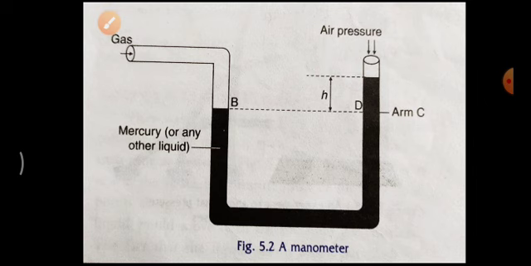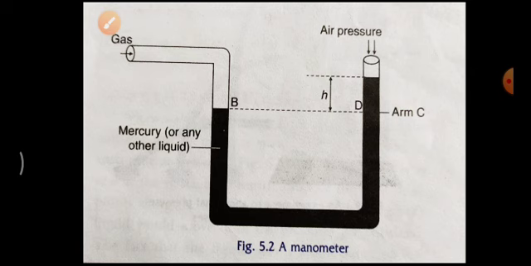In order to measure the pressure of a gas enclosed in a vessel, see here, on the left hand side the U-tube can be connected to the vessel which is filled with gas, and the U-tube is filled with mercury. Initially it was at the same level, but whenever we allow the gas to pass through the left hand side opening, it will exert a pressure.